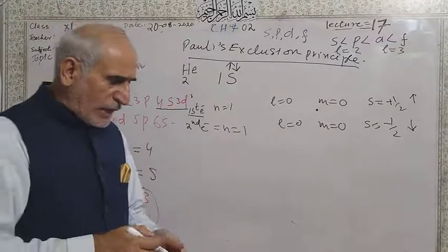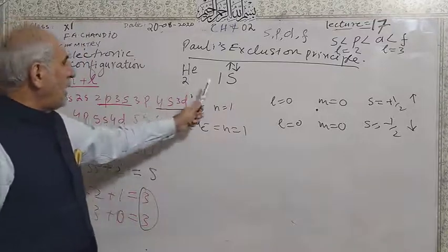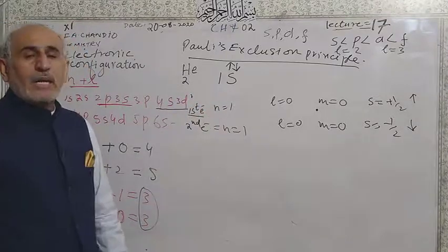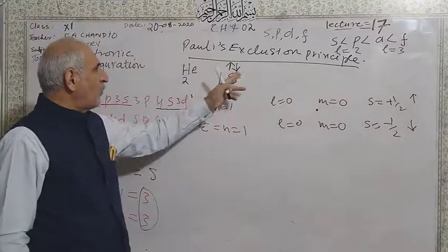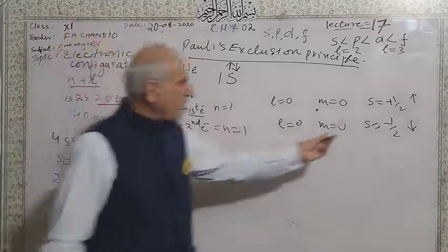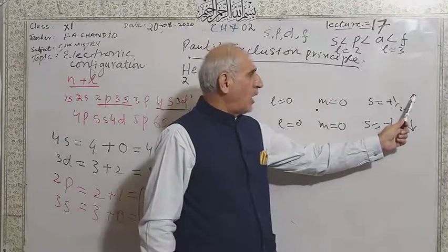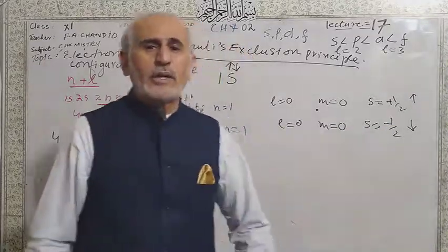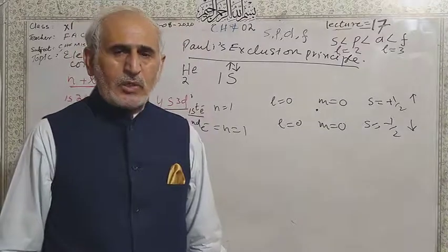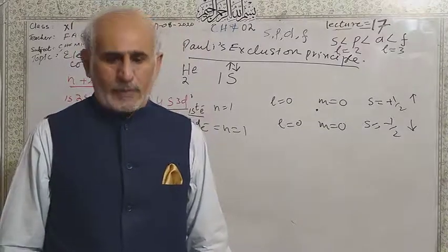So I told you that when you accommodate 2 electrons in s, one has an upward spin and the other has a downward spin according to the spin quantum number.